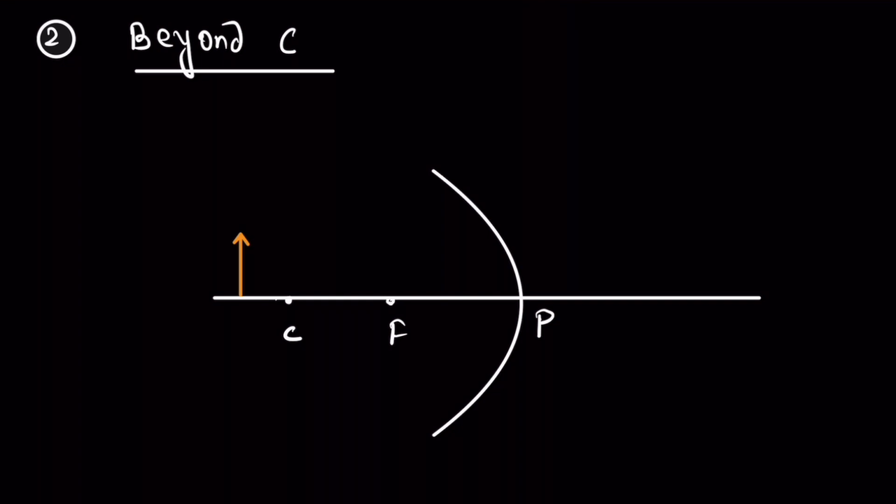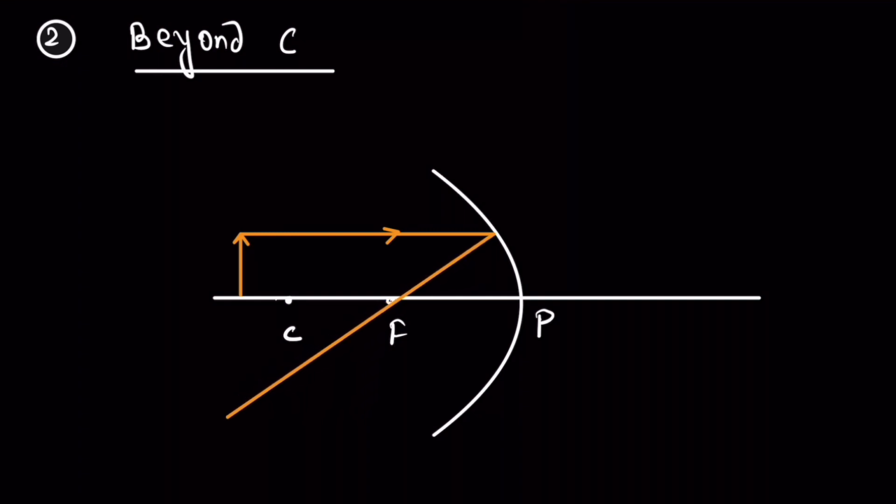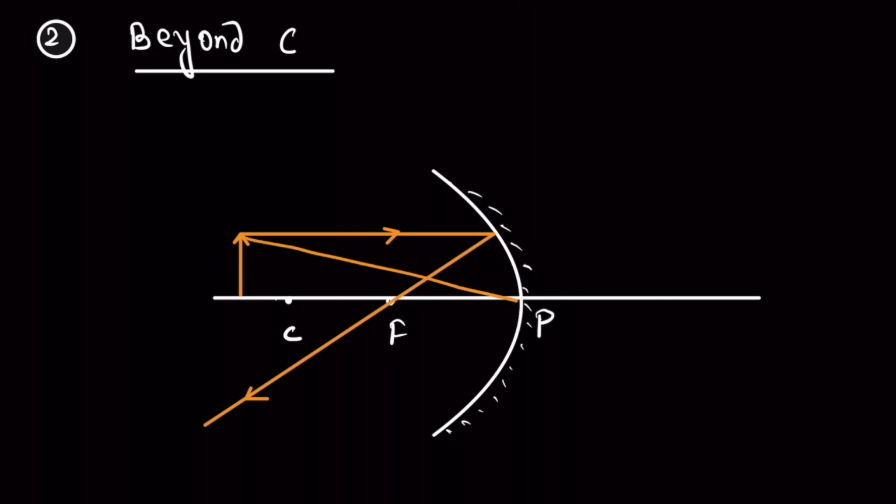On this head, both the incident rays will start from the head. Like one, I can take as parallel to the principal axis. Where it will move, it will pass through the focus. That is rule number 1. Second is, we can take through the pole. So here this is our image formed.